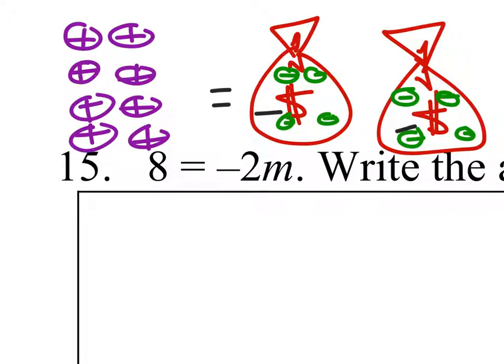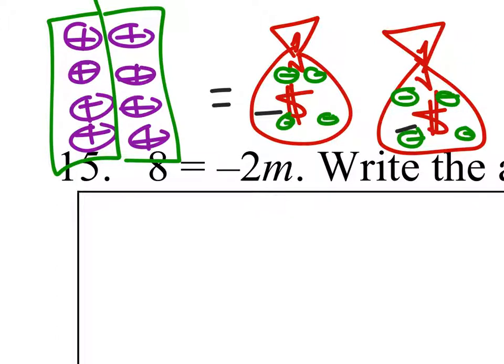Because it's the debt of a debt, so that's actually a positive, or the opposite of a debt, which would be positive. So each of these, again, represents how much is in each bag. So m equals negative 4.